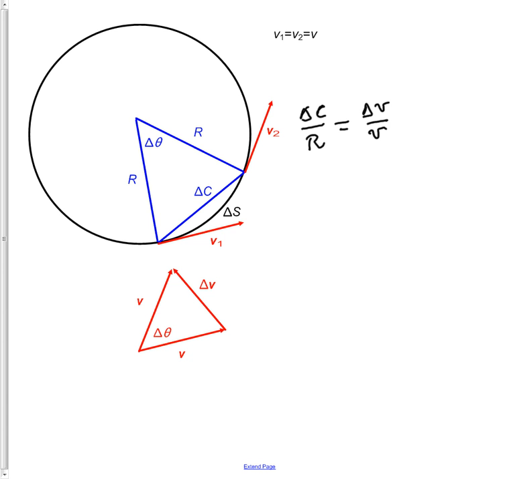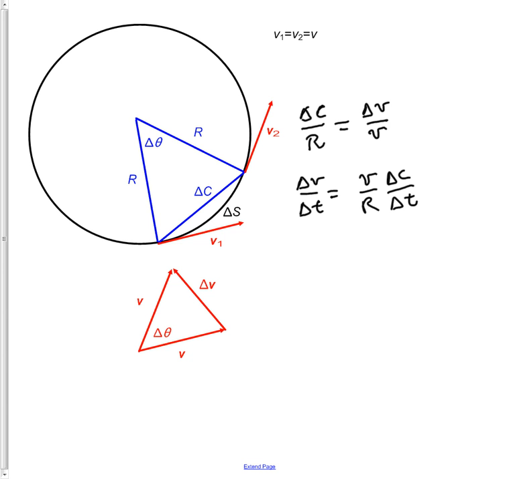Now what I'm going to do is divide this whole equation through by delta t, and I'm going to rearrange things a little bit so that I get delta v over delta t is equal to v over r delta c over delta t.